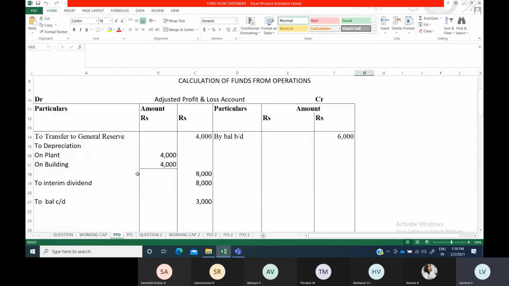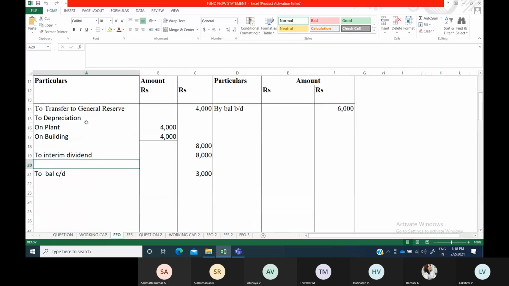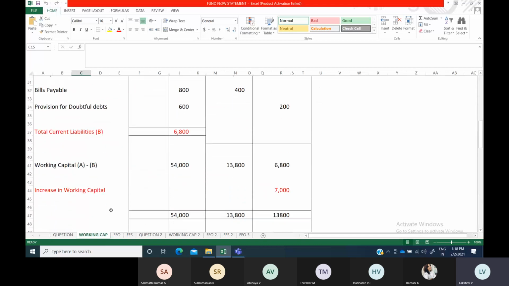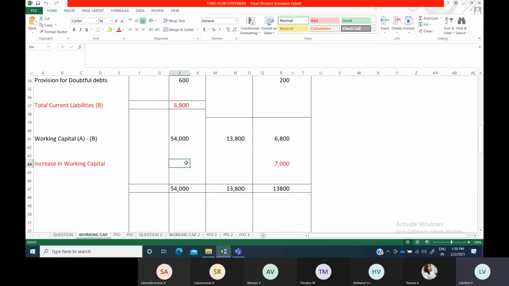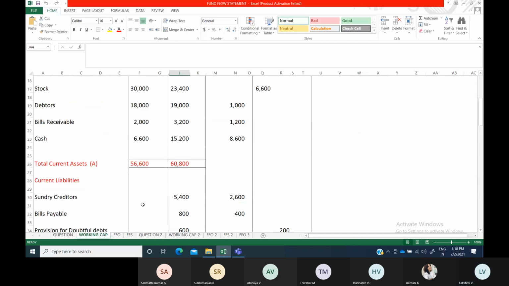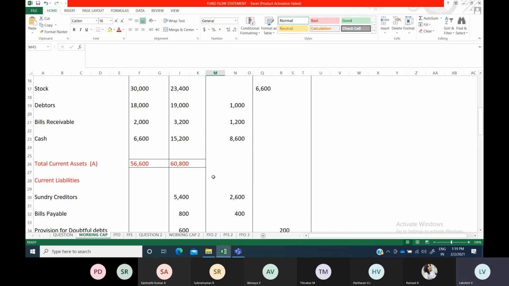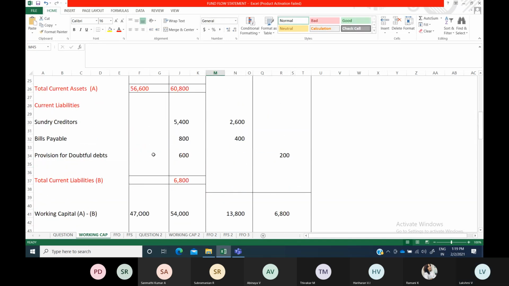We prepared the statement of changes in working capital and found the answer as 47,000 as increase in working capital.